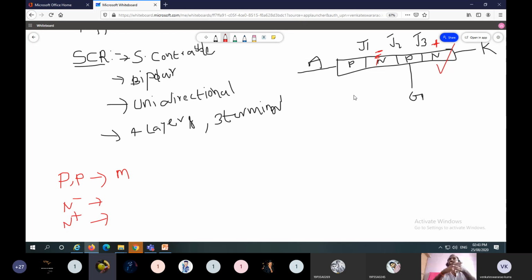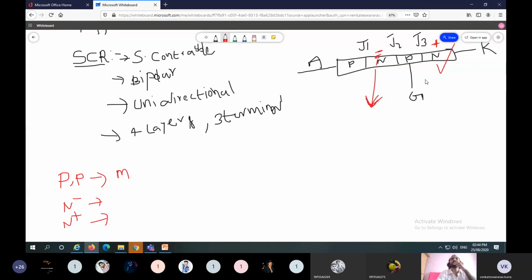Out of 4 layers, which layer is responsible for blocking high voltage? Not third layer, second layer. Second layer is lightly doped. Lightly doped means charge density is less. If charge density is less, it acts as an insulator. If it acts as an insulator, it blocks high amount of voltage.